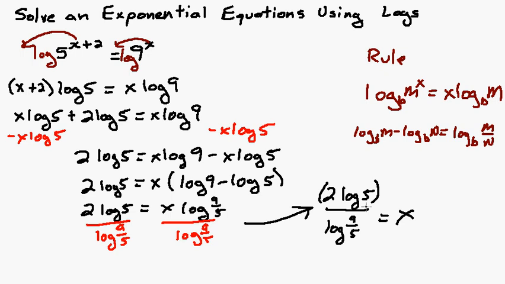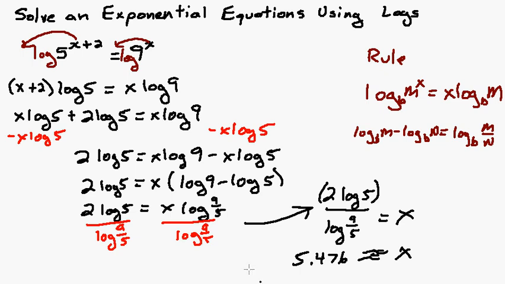You could use 1.8 if you want to punch it in as a decimal. So I get 5.476 approximately, depending on how many decimal places you want to go to. That's what you would get.